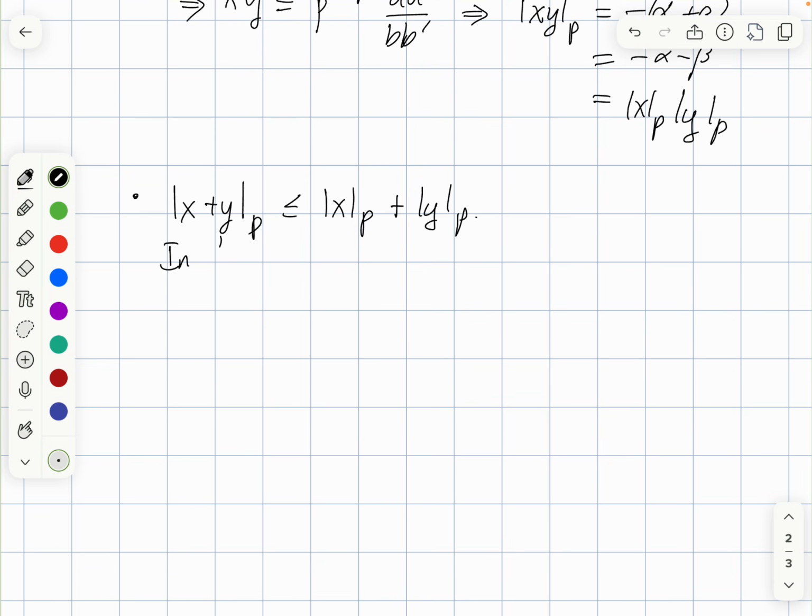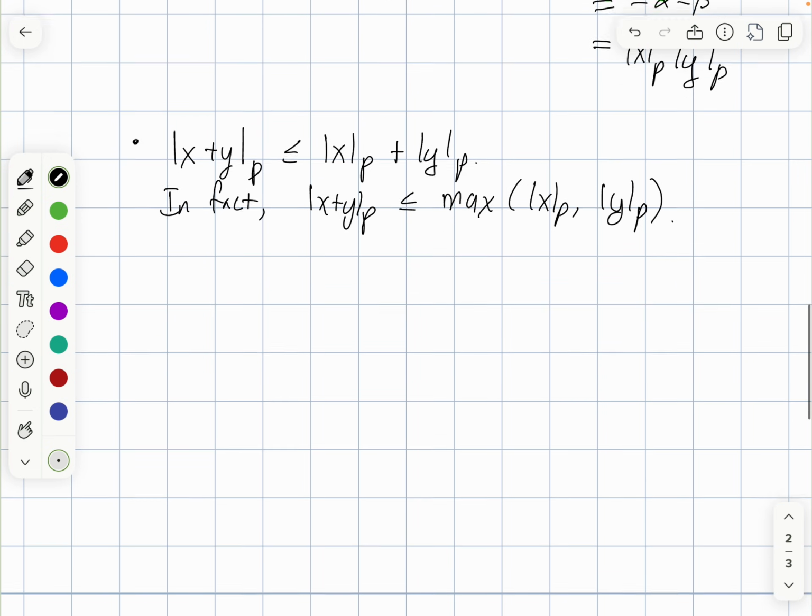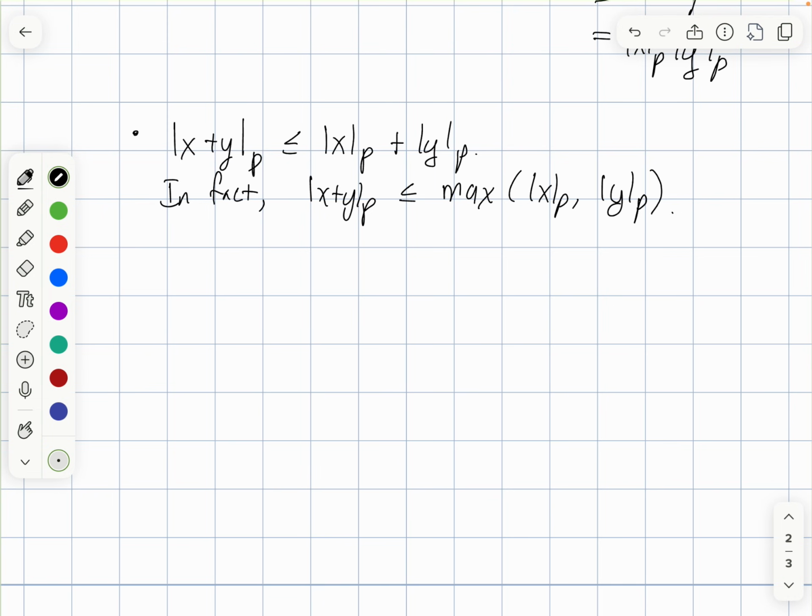It's not just that the absolute value of the sum is less than or equal to the sum, it's actually less than or equal to the maximum of the absolute values.